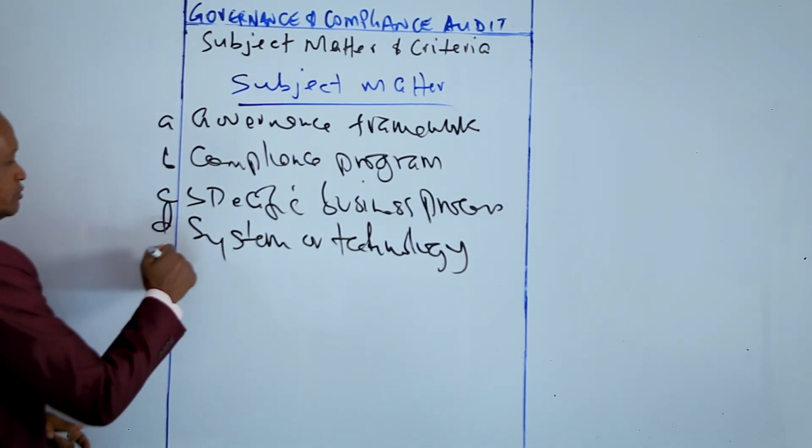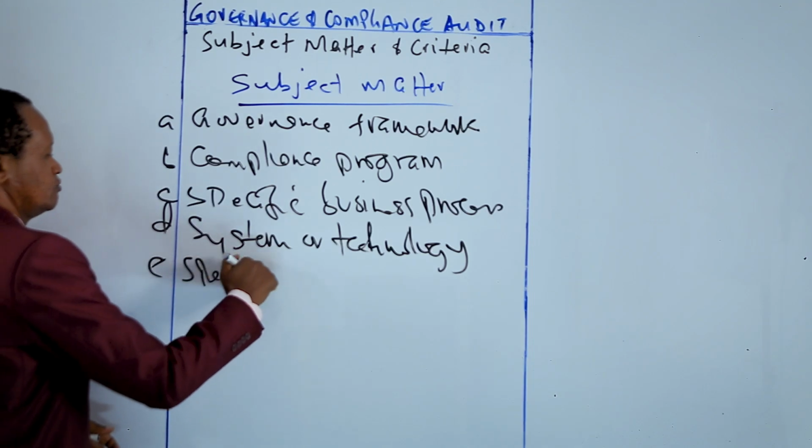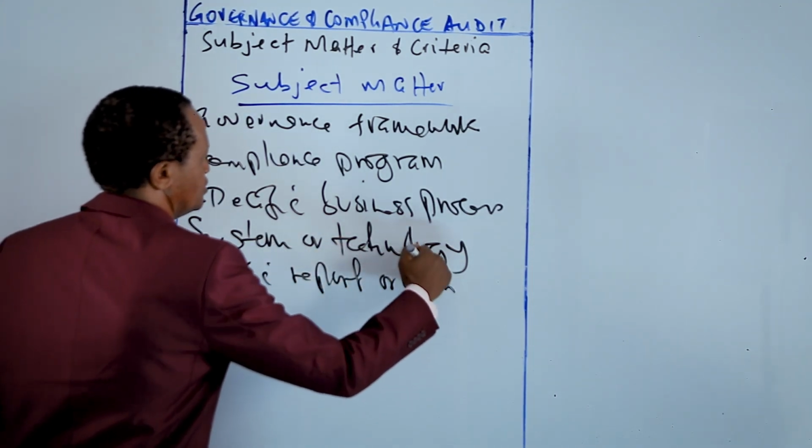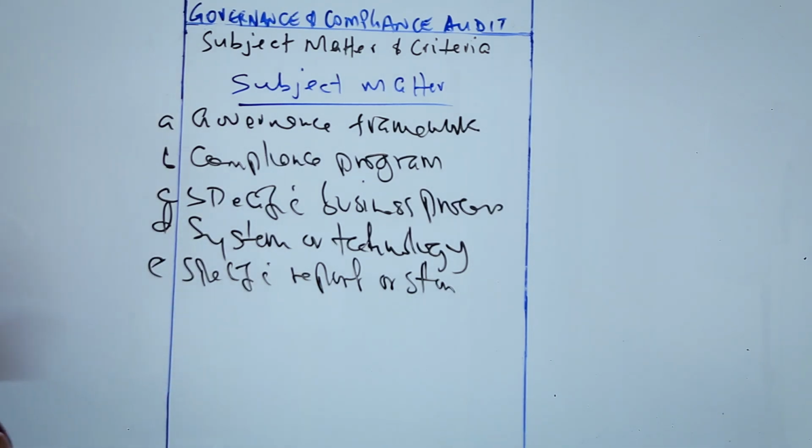Specific report or statement can also be a subject matter. A company sustainability report, a regulatory filing, or a corporate governance statement. Understand? Yes. So these are examples of subject matter.